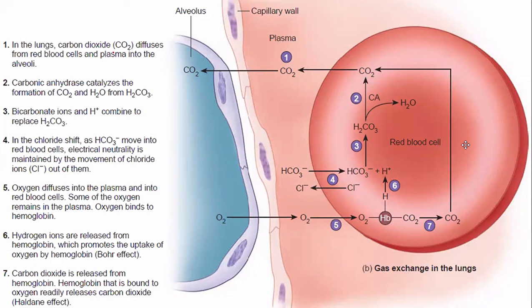In the lungs, carbon dioxide diffuses from the red blood cells and plasma into the alveoli.